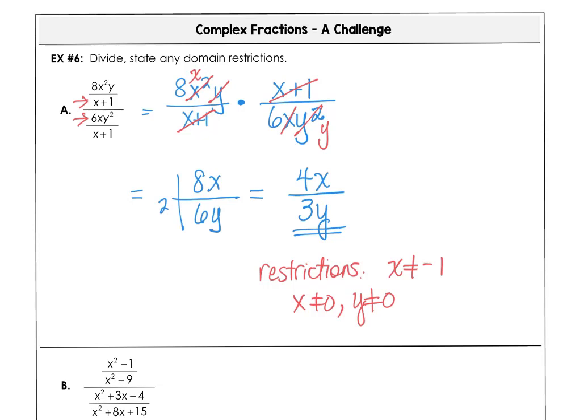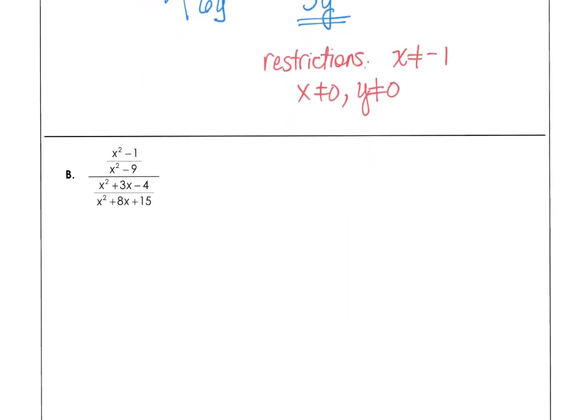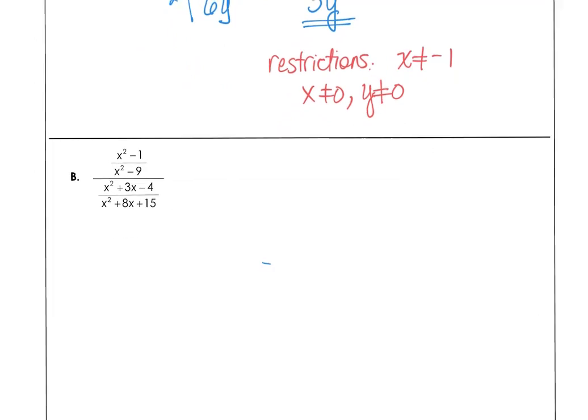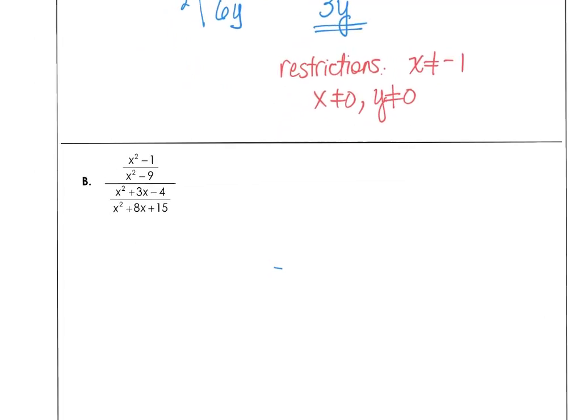So our final question here on part B, factoring the numerator, is x plus 1 times x minus 1. Factoring the denominator is x plus 3 times x minus 3.